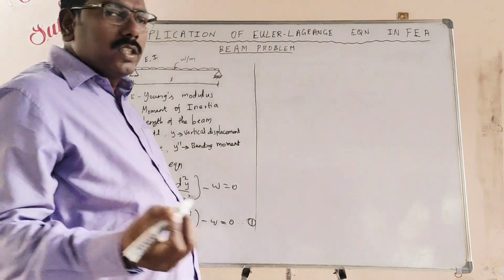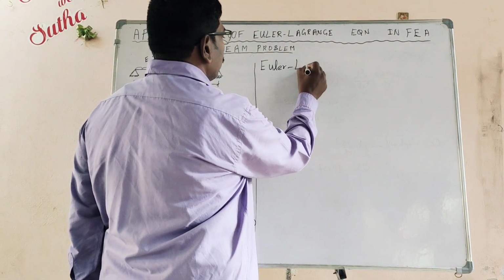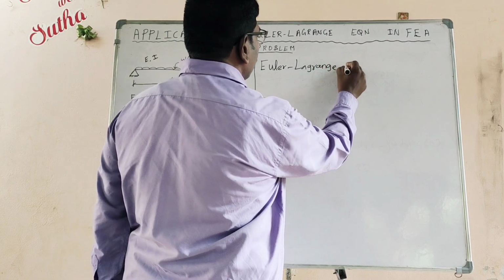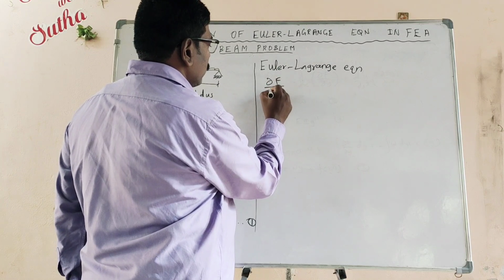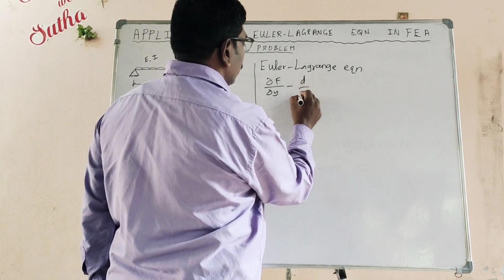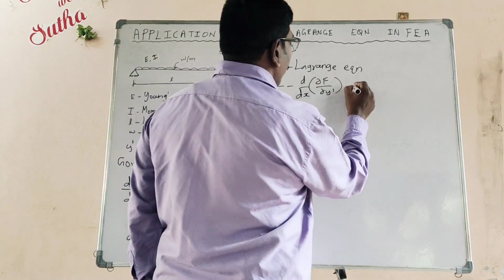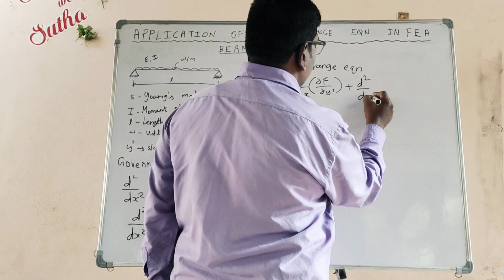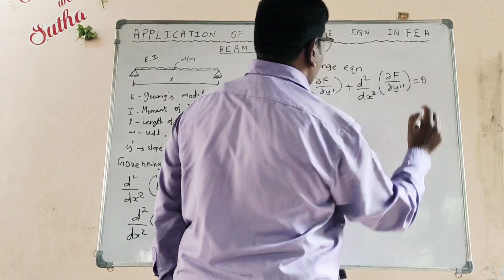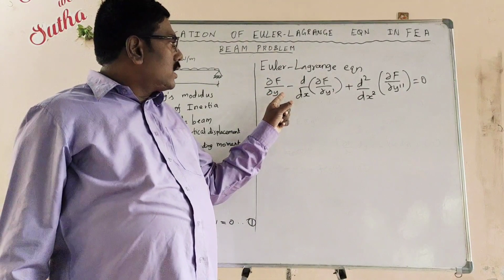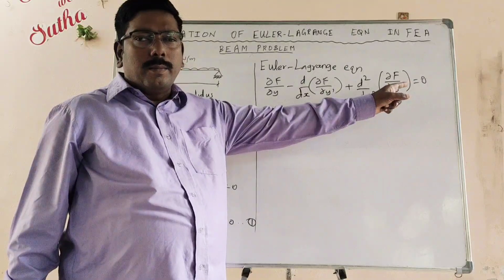The Euler-Lagrange equation is given by dou f by dou y minus d by dx of dou f by dou y dash plus d square by dx square of dou f by dou y double dash equal to 0.